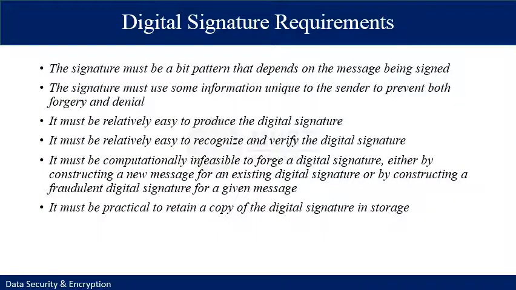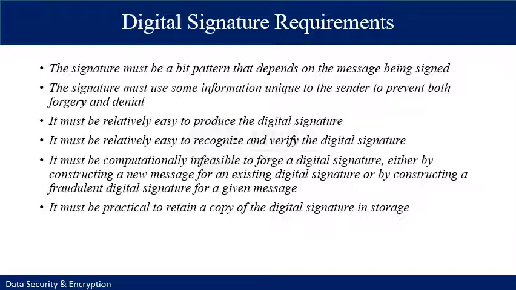So on the basis of the properties and attacks just discussed, we can formulate the following requirements for a digital signature. A digital signature must be a bit pattern that depends on the message being signed. The digital signature must use some information only known to the sender to prevent both forgery and denial attacks.